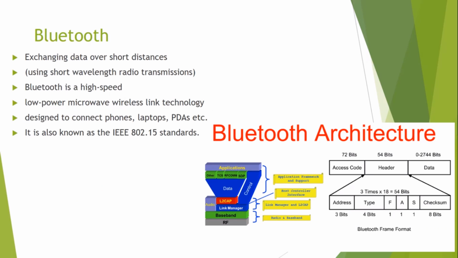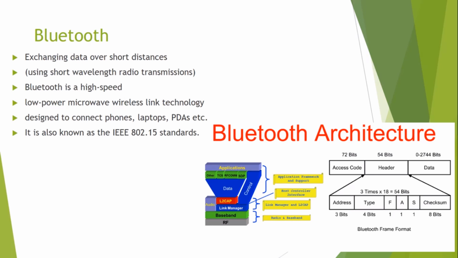Okay, next one is Bluetooth architecture. It is for exchanging data over short distances, like mobile phone to mobile phone, laptop to laptop, using short-wavelength radio transmission. Bluetooth is a high speed, low power microwave wireless technology designed to connect phones, laptops, PDAs, etc. It is also known as the IEEE 802.15 standard. In the bottom right-hand side you can see the architecture design in a colorful image.